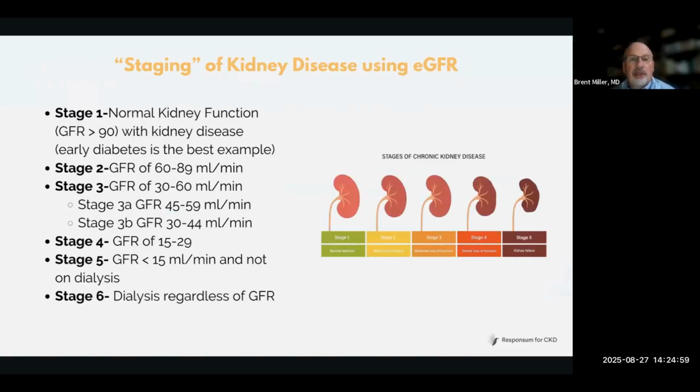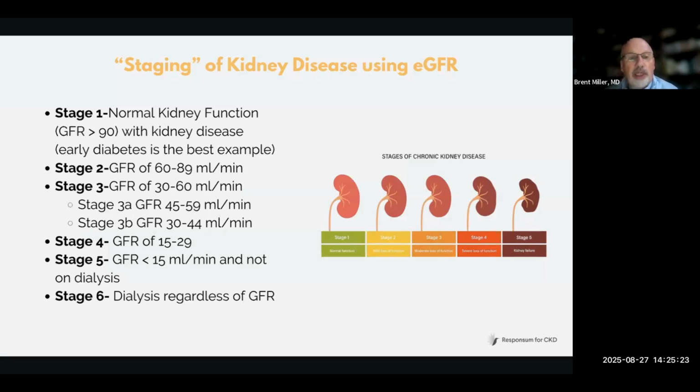So based on this, the National Kidney Foundation about 20 years ago came up with a staging system. And it was a brilliant idea because it really devoted a lot of attention to this. Because it started people thinking about where they were in the disease process. But you can also overplay it.